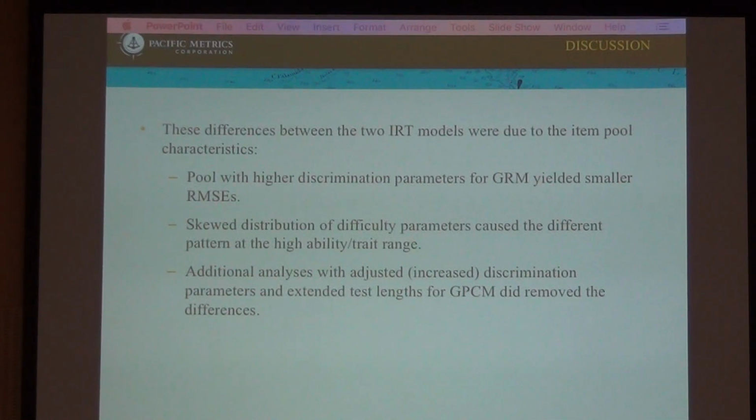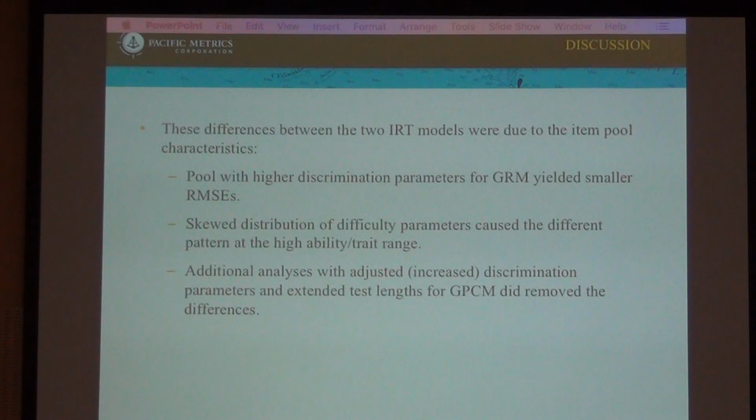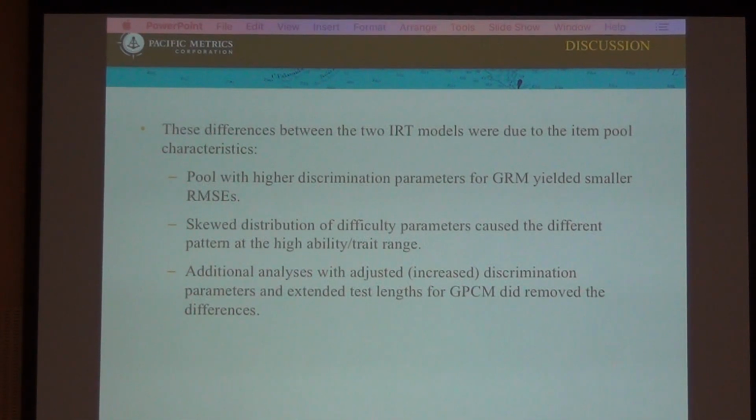We did some further investigation about the two models, and the difference between the two models were due to the item pool characters, not the model itself. Because the graded response model pool has much higher discrimination parameters.